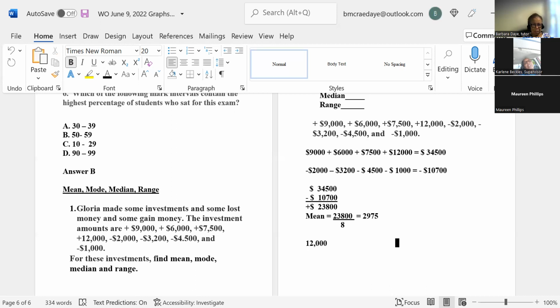What's your smallest negative number? 3,200? No. 4,500. Yes, that's your smallest.